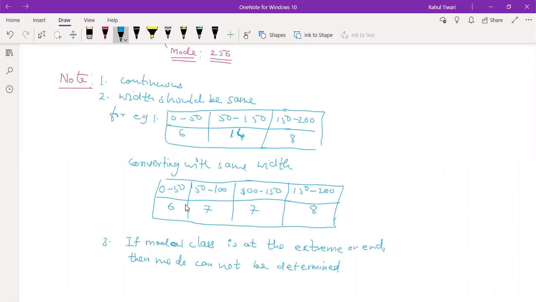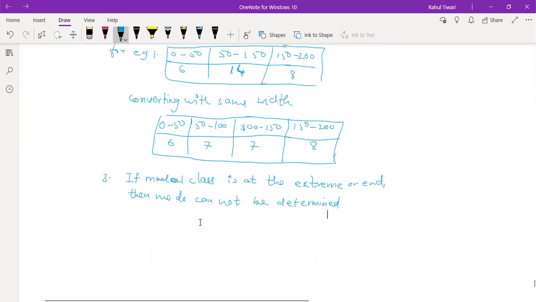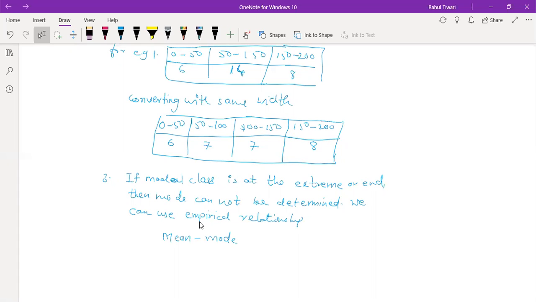In this case, one can use the empirical relation: mean minus mode is approximately equal to 3 times (mean minus median).